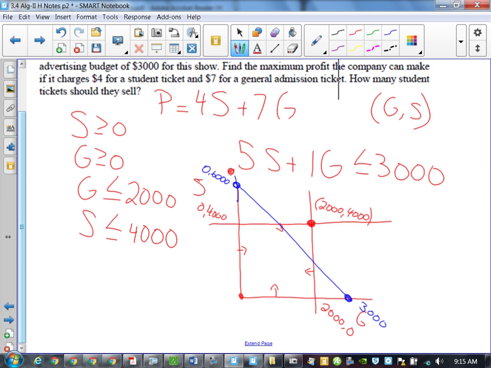Inward or outward? Is 0 plus 0 smaller than 3,000? Yes. Inward.